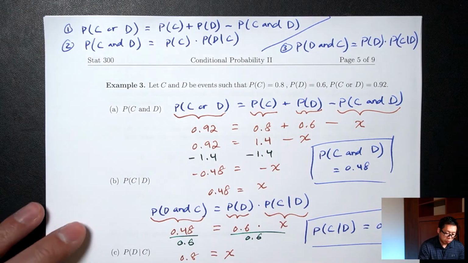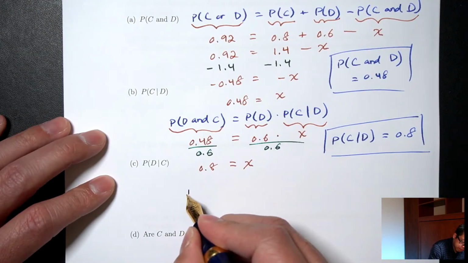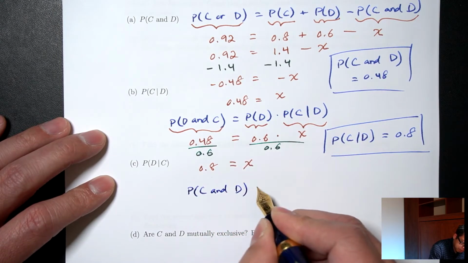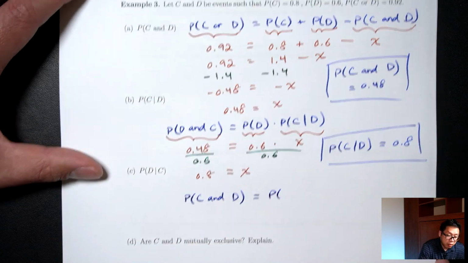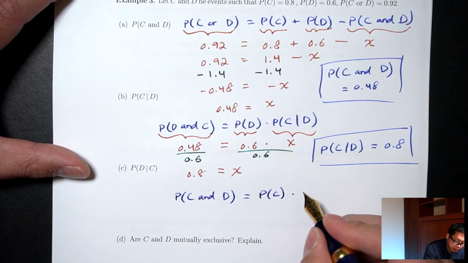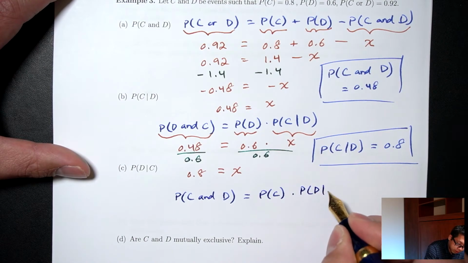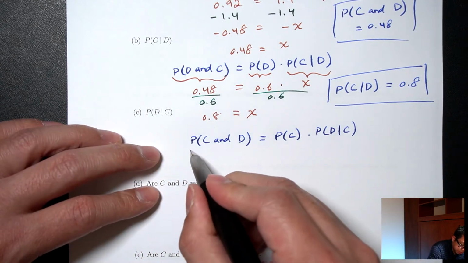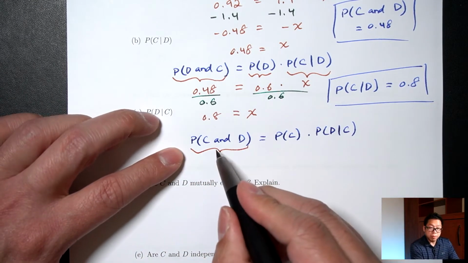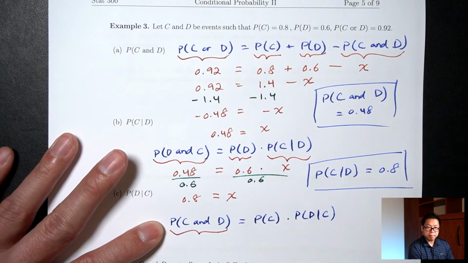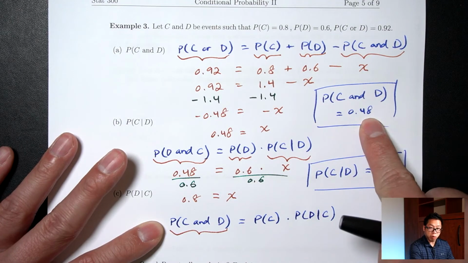Probability of C and D equals probability of C times probability of D given C. Go through, plug in numbers. Probability of C and D, where is that? Right there, 0.48.